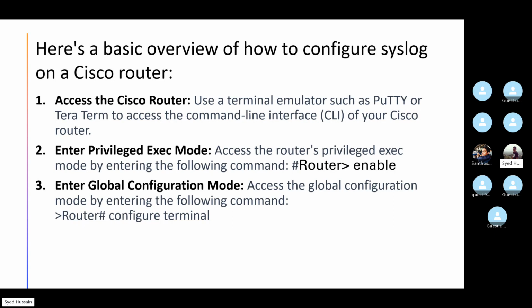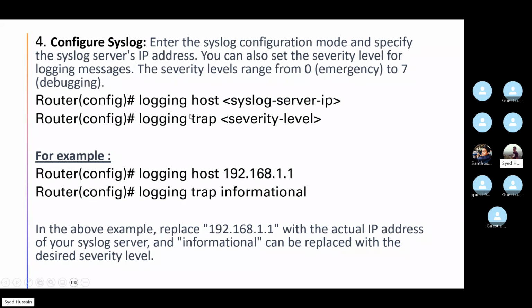So next, configuring the syslog. After entering the global configuration mode, we enter the syslog configuration and specify the syslog server IP. We can mention the syslog server IP so that the logs will be stored in a server.